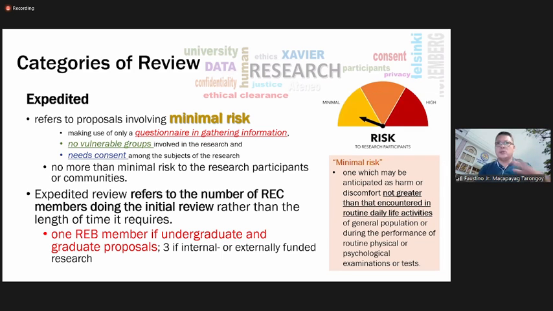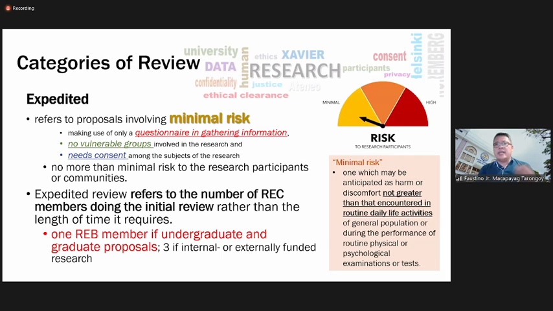So your type of participants do not involve such kind of vulnerable groups. And of course, even if there is minimal risk, it will still require consent, express and informed consent among the subjects in your research. Okay, so those are general examples, or a general picture, of a proposal that will receive an expedited category.